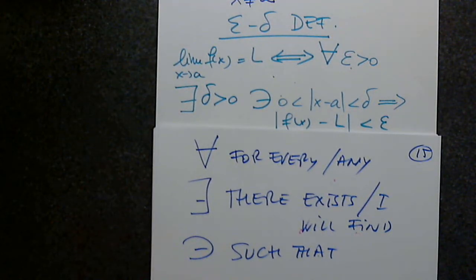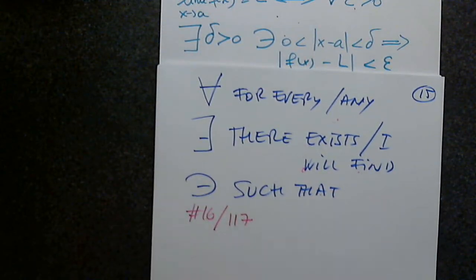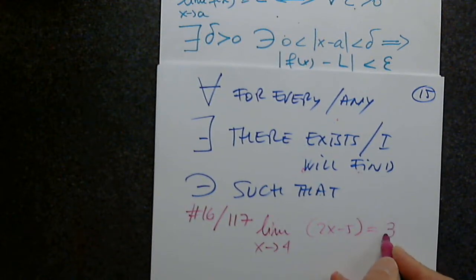So let's pick a very simple example. I'm not asking you about quadratics, nothing, just linear. Okay, so we have number 16 on page 117. The limit as x approaches 4 of 2x minus 5 is 3.